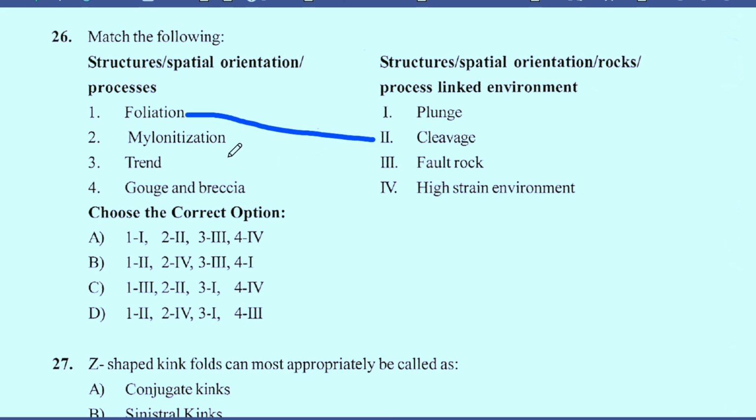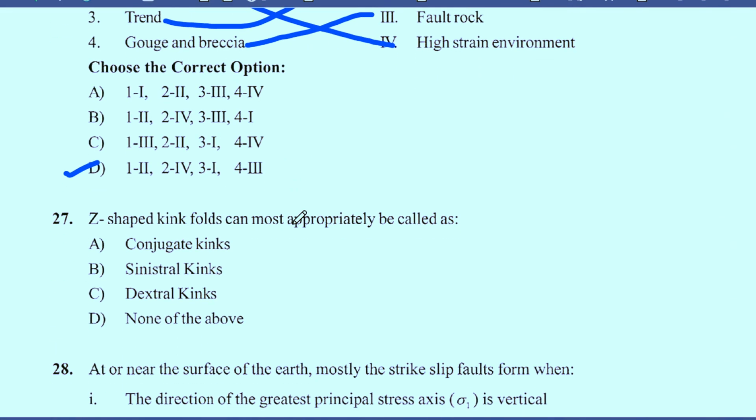Mylonitization is related with a high strain environment, because material is getting crushed. Gouge and breccia are related with faulted rock, and trend is related with plunge. So the right option is option D.